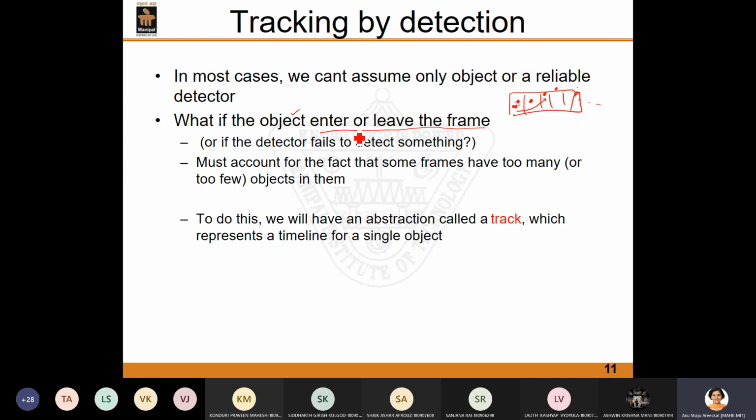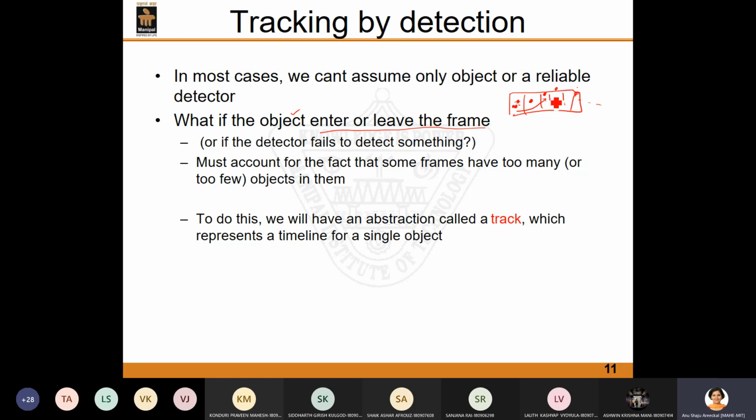So every object that we are considering over here would have a particular track, and that track will help us identify how exactly the object is moving in the video, right? As I said earlier, the trajectory of the object is first detected with only those frames in which the object is clearly visible, and then there are a few images where the object is not visible.